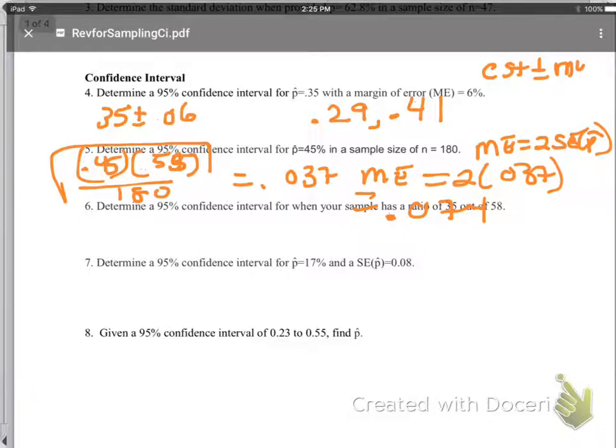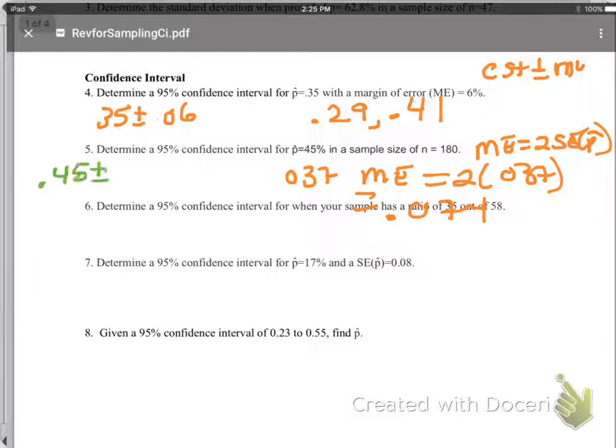I need more room. All right, so what I'm going to do is change my color, and I'm going to erase this part right here. So my formula simply becomes 0.45 plus or minus 0.074.